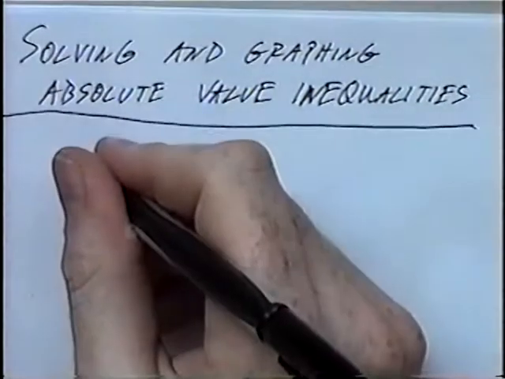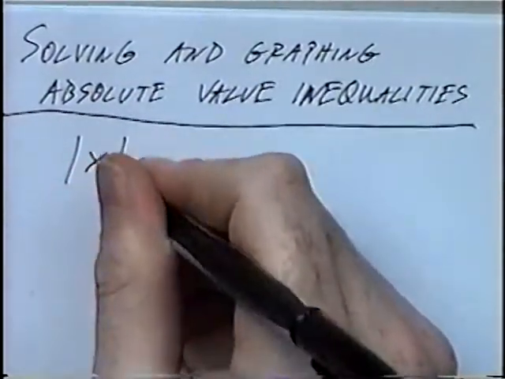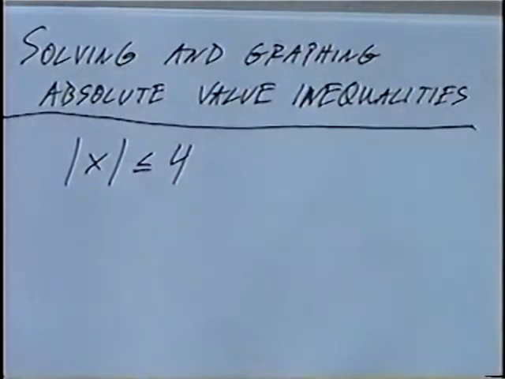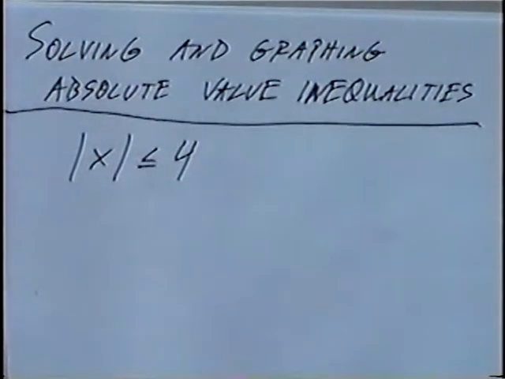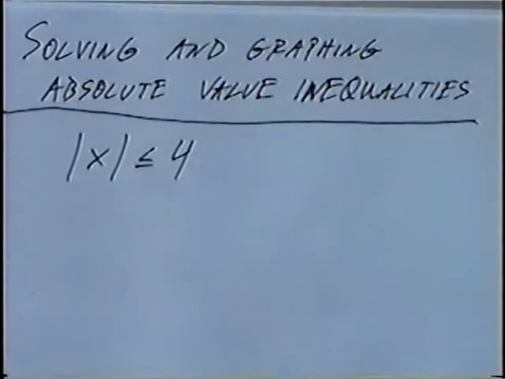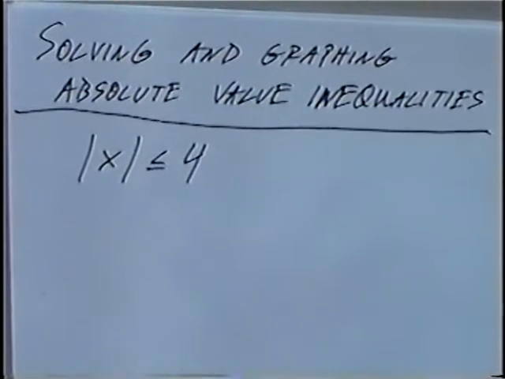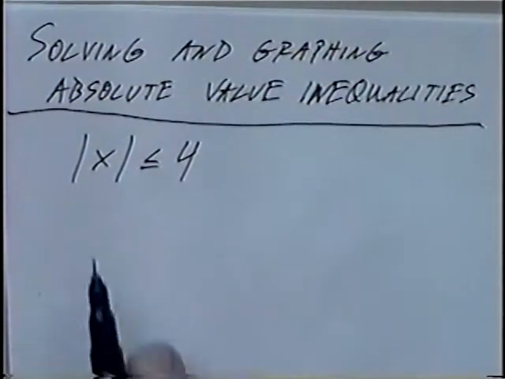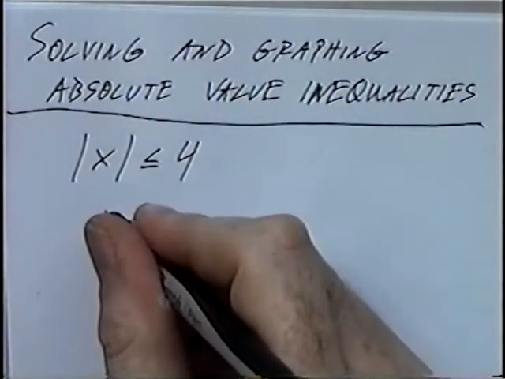First problem, absolute value of x is less than or equal to 4. To solve an absolute value inequality, you want the absolute value isolated by itself, which in this problem it is. One way to solve this is to remove the absolute values.